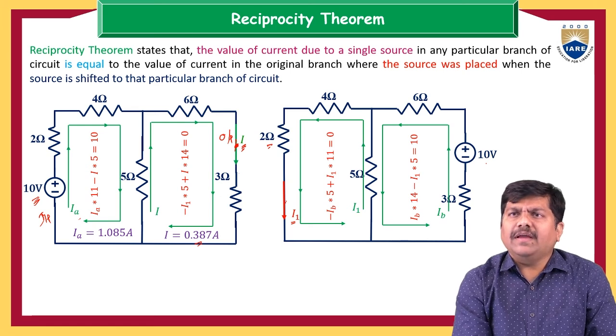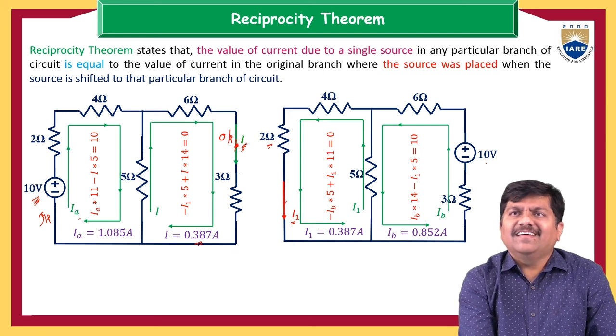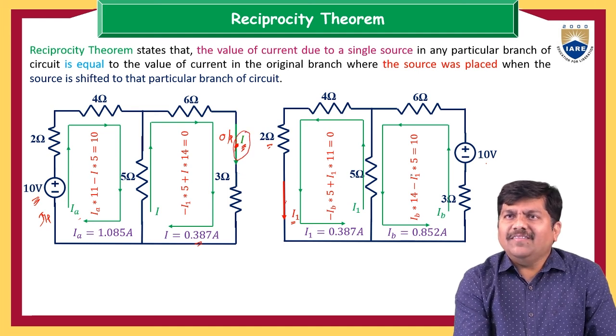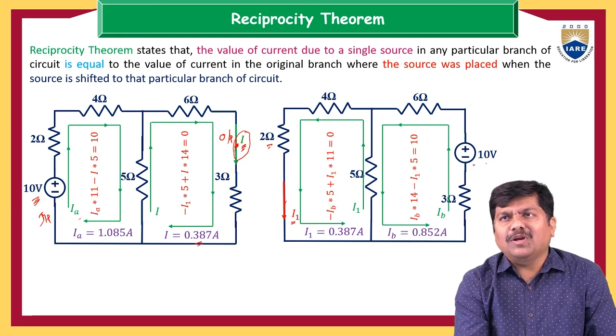So let us simplify the voltage balance equations of the first loop and second loop. Then the values are I1 equal to 0.387 amps and IB equal to 0.852 amps. Now we have to examine the value of the response in the first circuit and the value of I1 after shifting the voltage source to the output terminals.